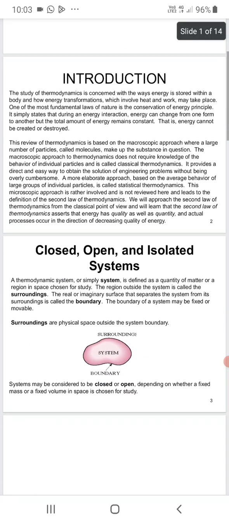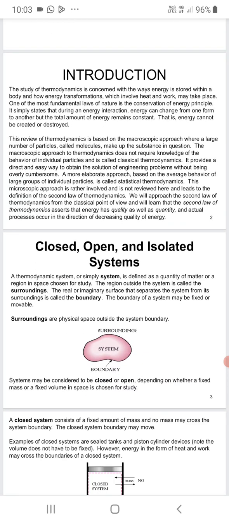In the system also there are different types: closed system, open system, and isolated system. In that, heat energy will be stored. A closed system means the heat energy will be stored inside, and there will be a fixed boundary.